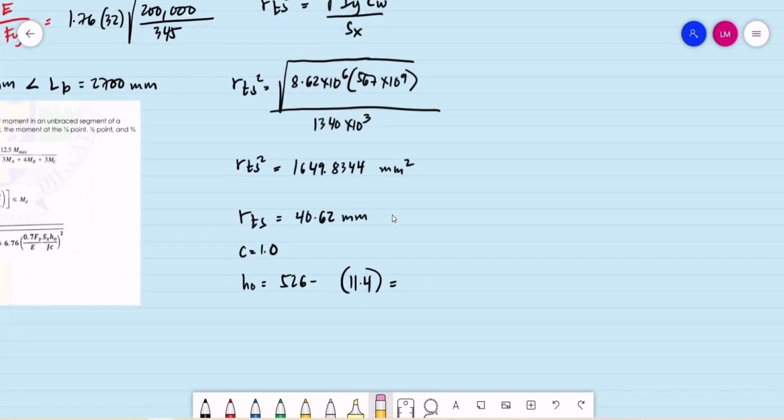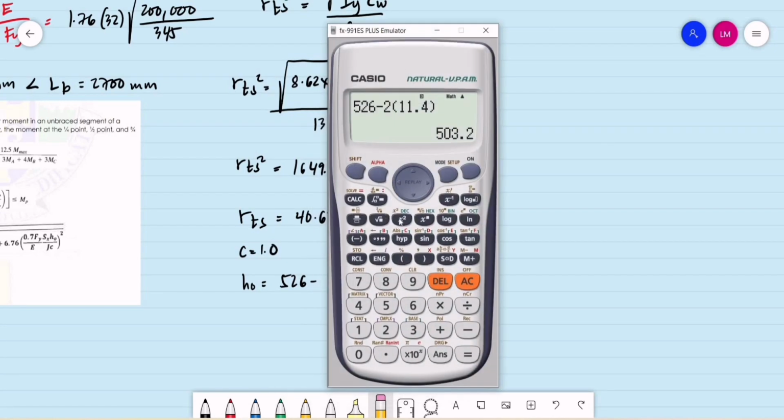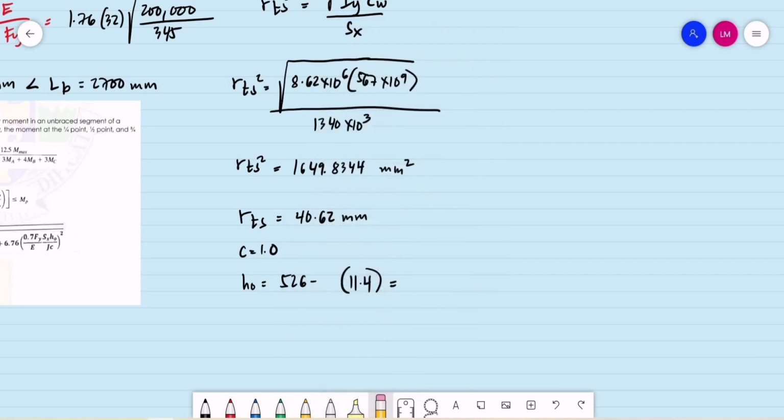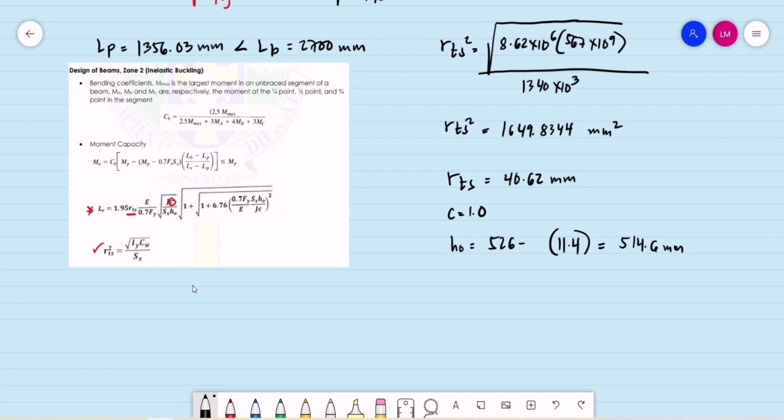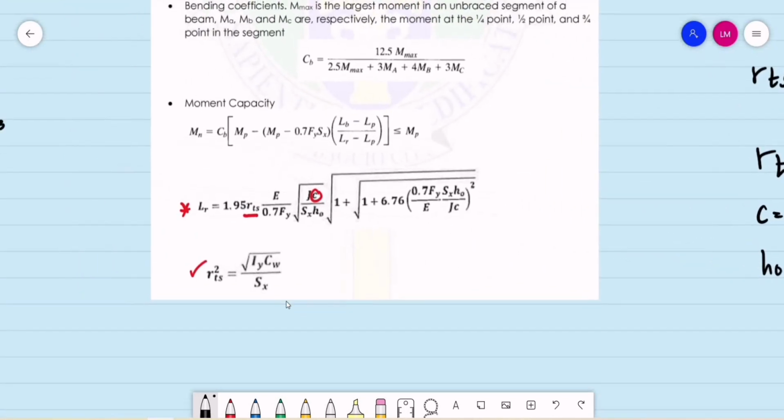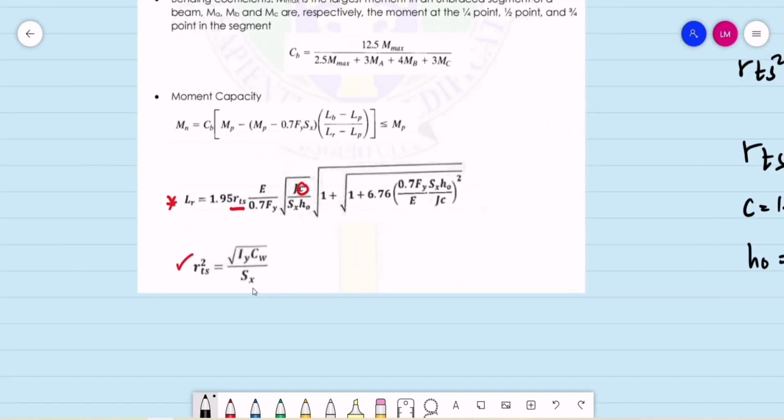It's simply the depth minus the thickness of the flange. We have 514.6 millimeters. So I think all needed elements of this equation are now available.